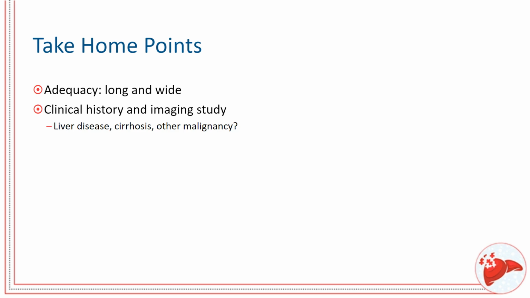For example, even if morphologically it shows benign features and looks like an adenoma, if the patient is a male patient with a cirrhotic liver, I always put caution into my diagnosis.